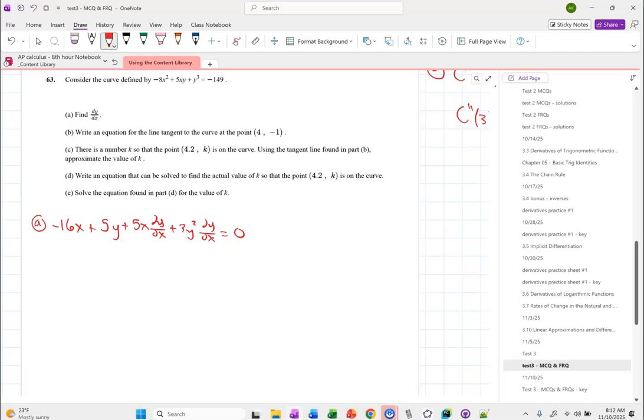Does anybody have questions about the algebra we use to get the dy dx by itself? If not, I'm just going to shortcut straight to the answer. Are we good? So add 16x over, subtract 5y over, factor off the dy dx and divide by 5x plus 3y squared.